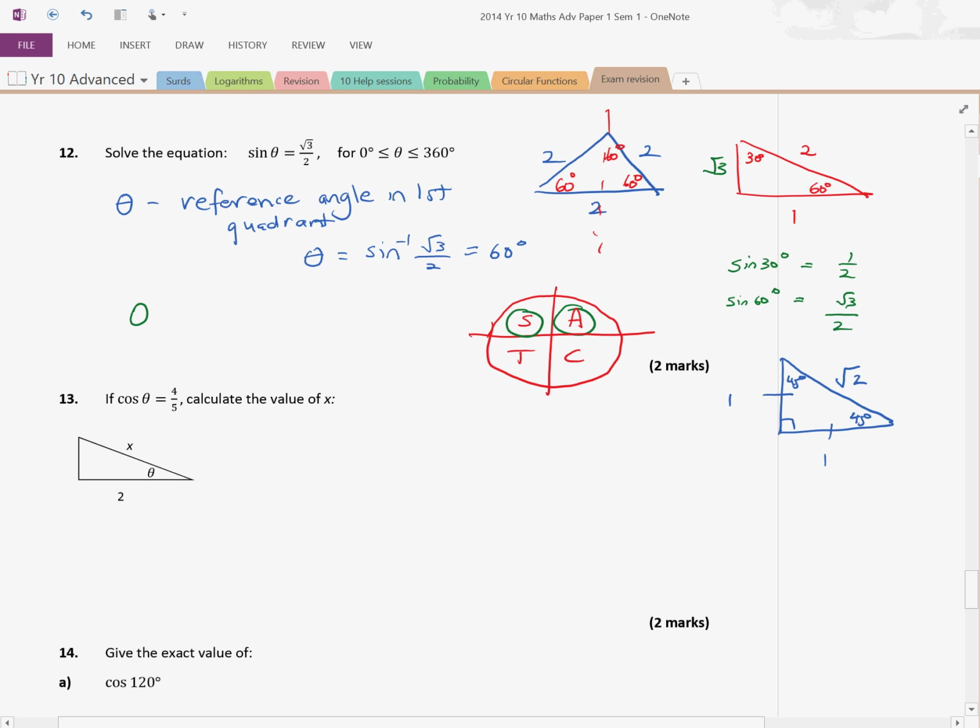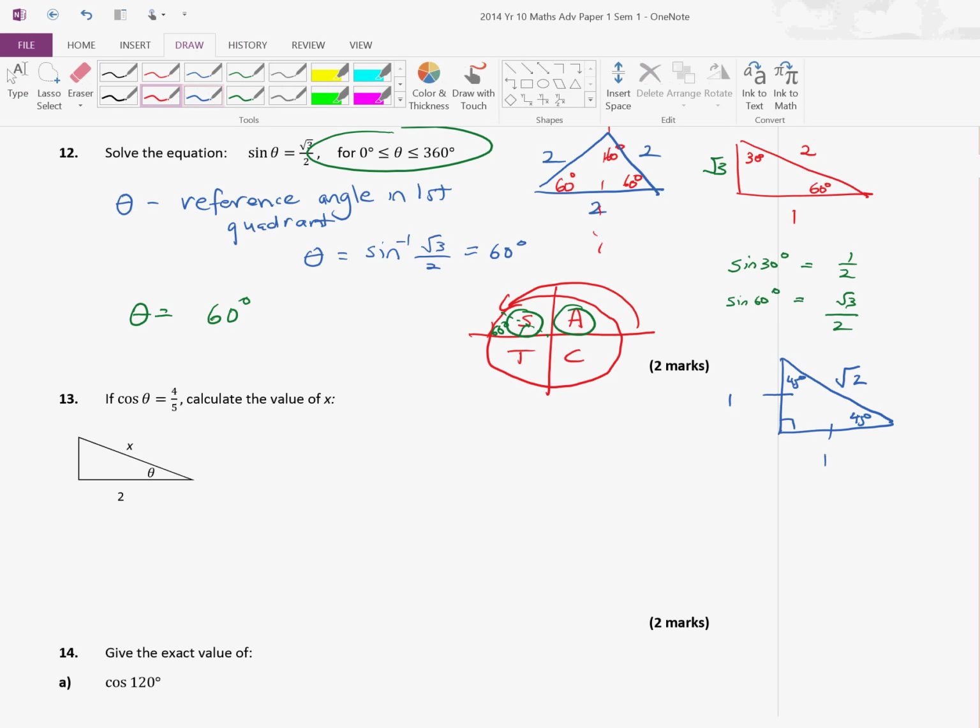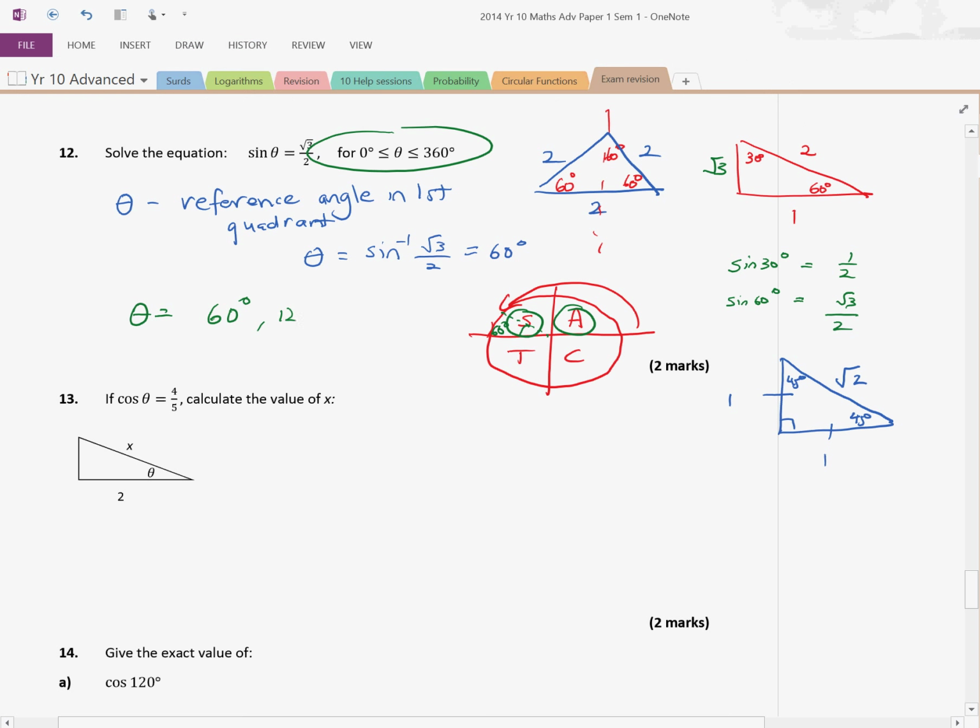So theta is equal to, because we're looking in this domain of 0 to 360 degrees, 60 degrees, and the equivalent in the second quadrant. That angle to the horizontal is 60 degrees, so the angle we're looking at is this one here, which is 180 minus 60, which is 120 degrees. Okay, I'm going to move on to the next one.